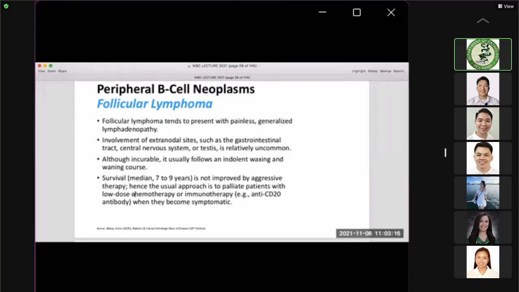The median survival is 7 to 9 years. It is not improved by aggressive therapy. So palliative treatment with low dose chemotherapy or immunotherapy when they are symptomatic.